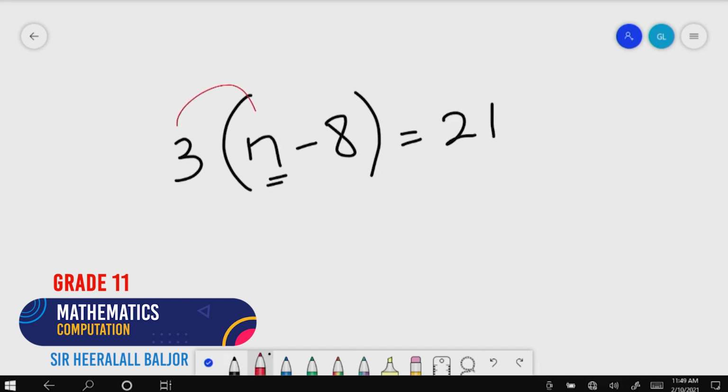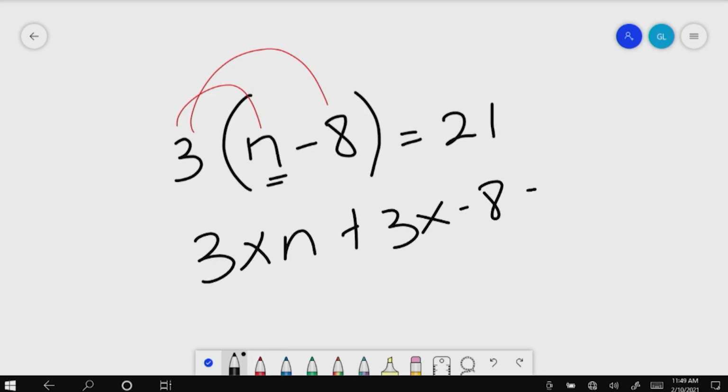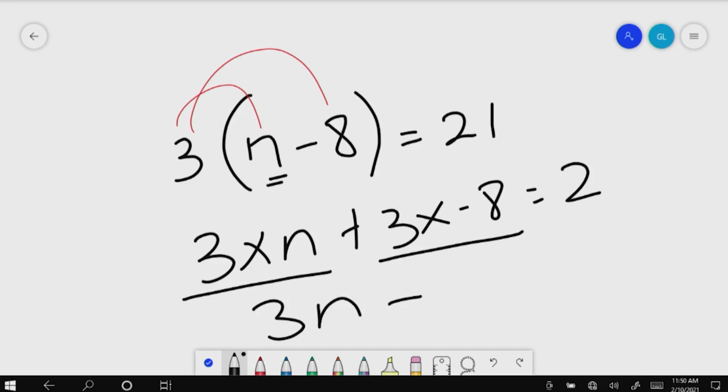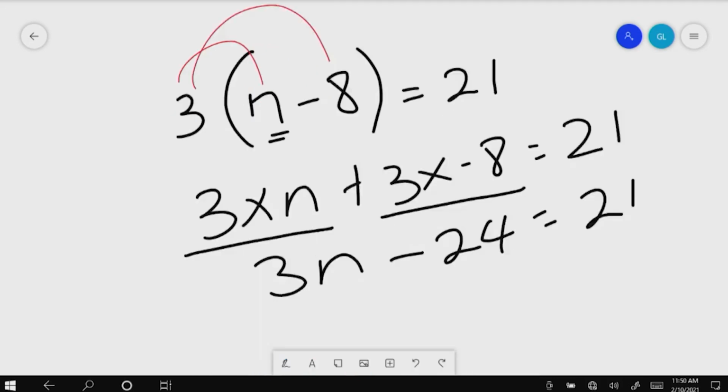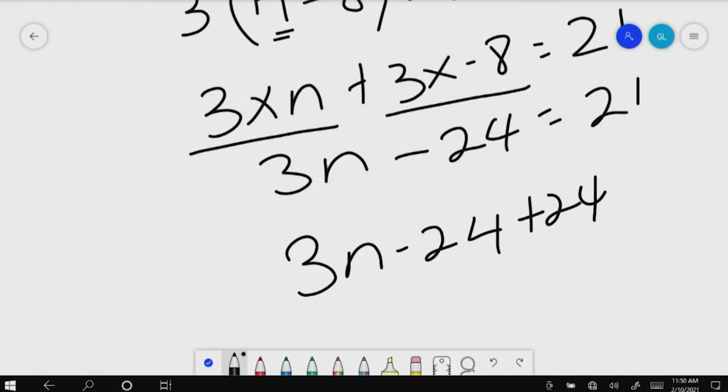In simplifying this, we distribute throughout the bracket by 3. So it would have been 3 times n plus 3 times minus 8 equals 21. 3 times n gave us 3n. 3 times minus 8 gave us minus 24, should equal 21. Balancing the equation, 3n minus 24 plus 24 equals 21 plus 24.